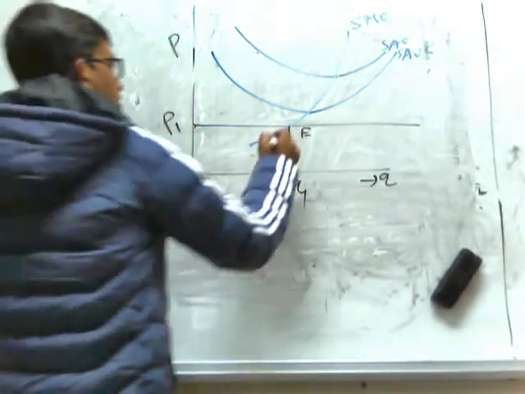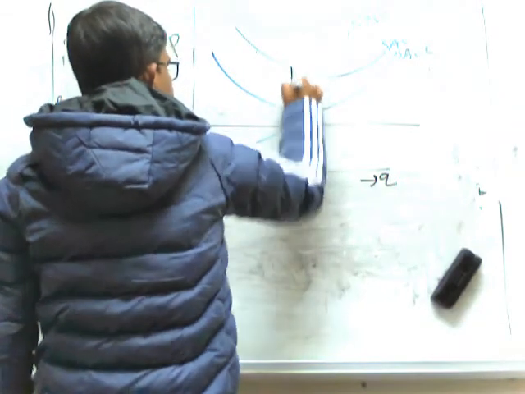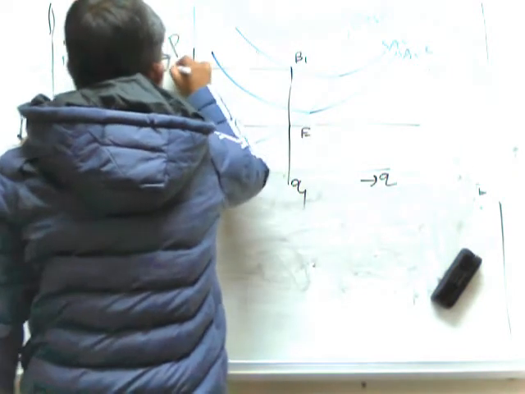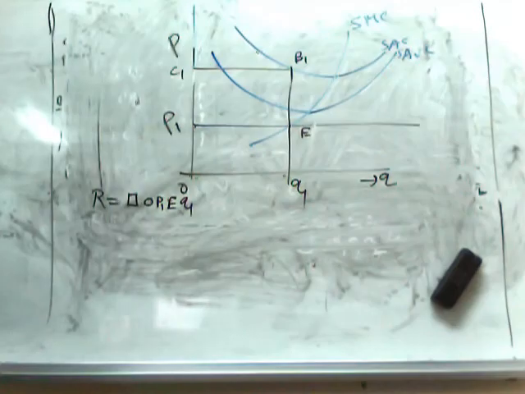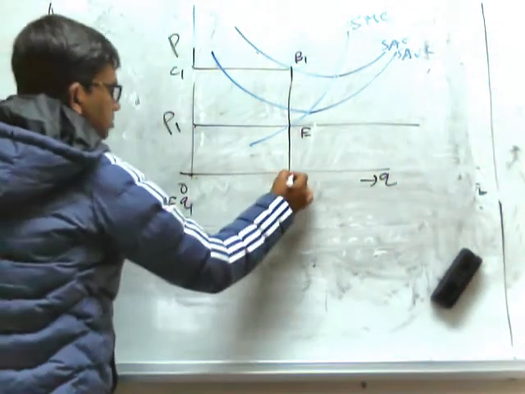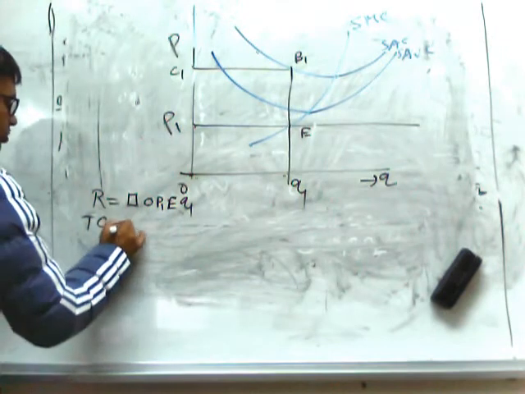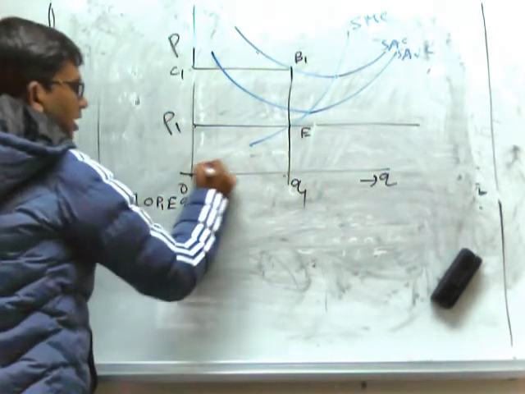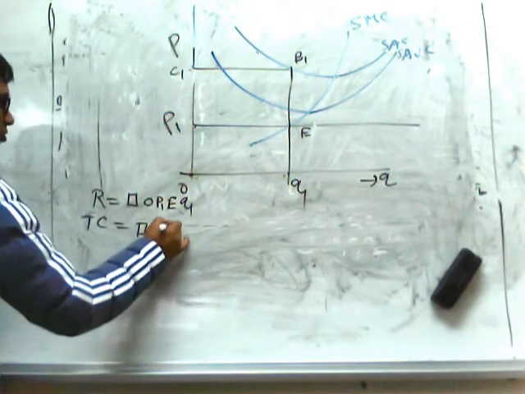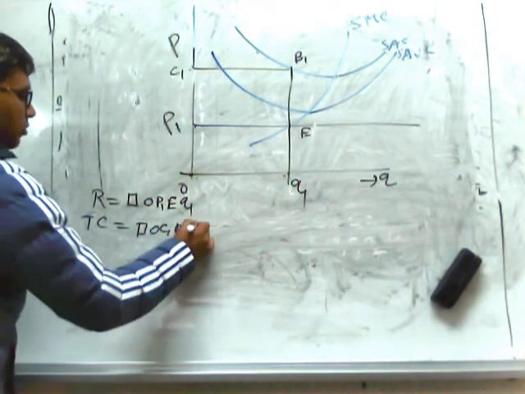What is the total cost of production? So average cost is OC1, output is OQ1. So total cost of production is OC1 multiplied by OQ1, the area of the rectangle OC1 B1 Q1.